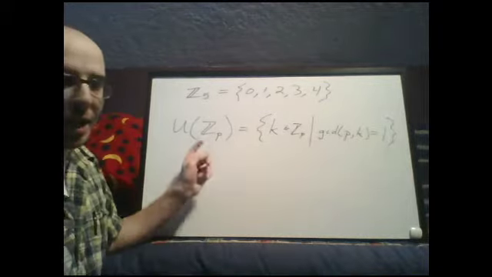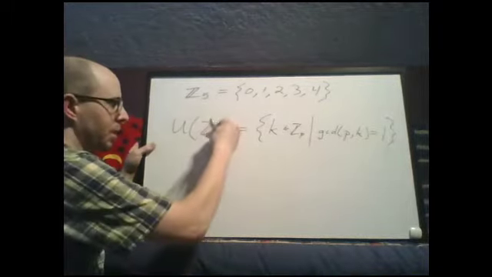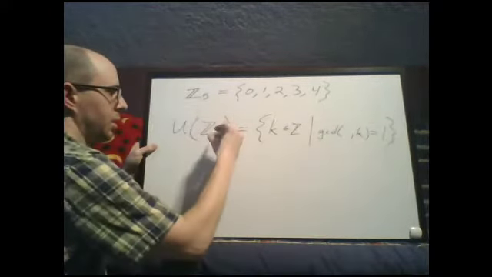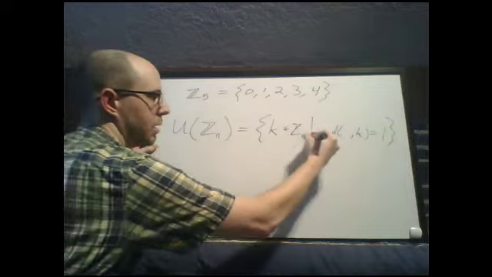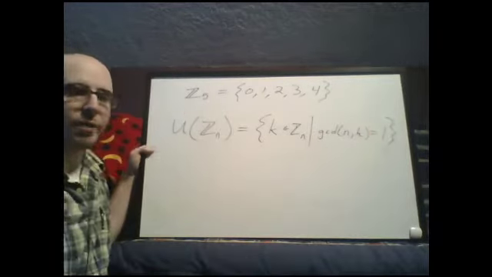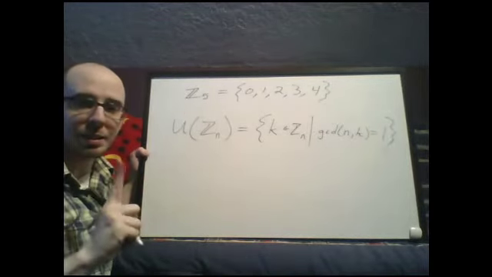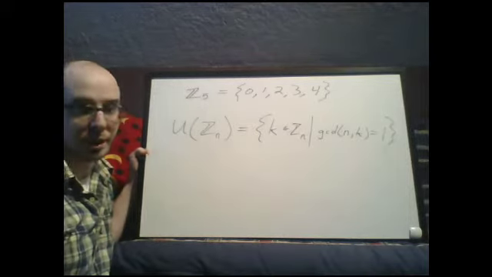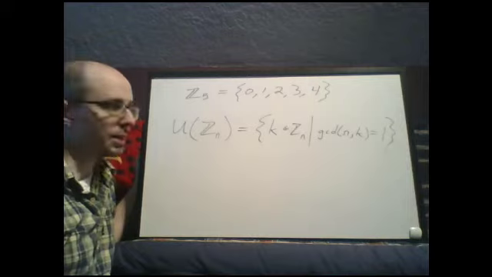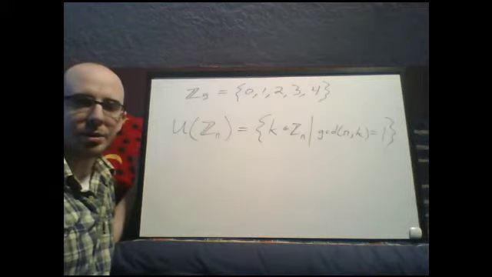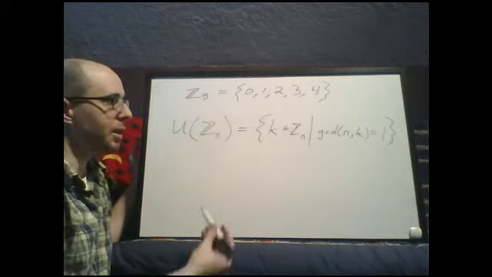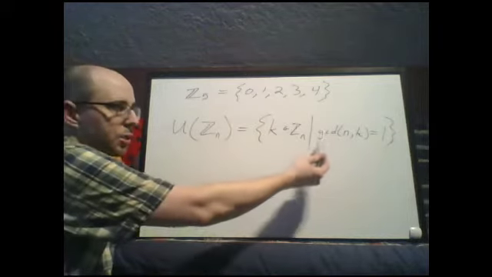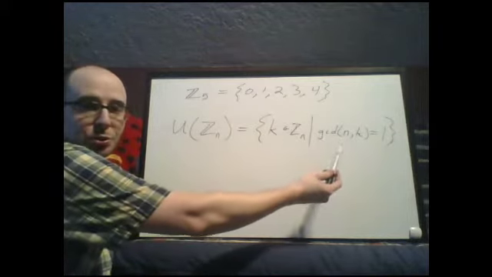But if N's not prime, let me replace P with N. If N is not prime, it has at least one proper factor other than 1. So say it's 2. Say N is even, so it's divisible by 2. Then 2 lives inside of Zn, and its greatest common divisor with N will be 2.